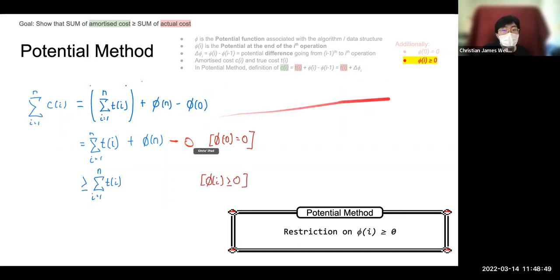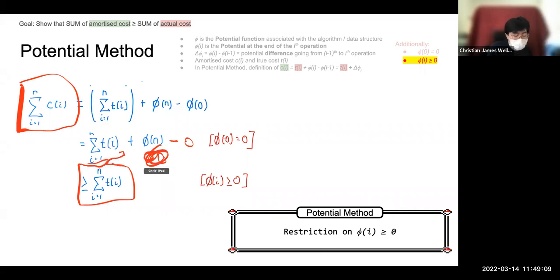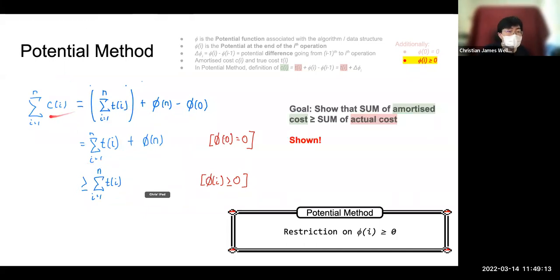And we say that phi of i for any i is greater than or equal to 0. That gives this inequality, because the left-hand side is t_i plus something non-negative. So the sum of amortized cost is greater than or equal to the sum of the actual cost.